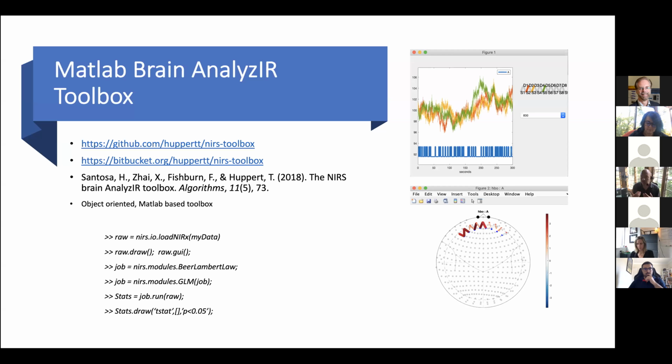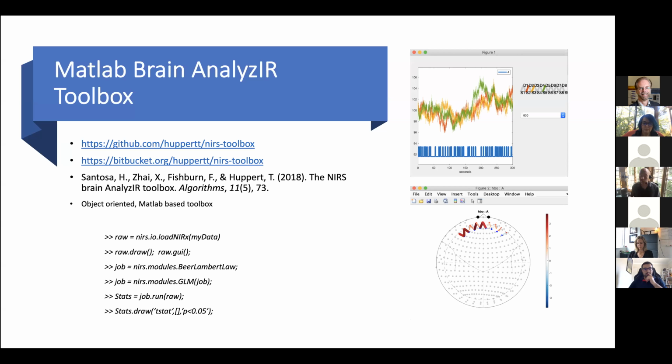And just a really brief overview, it's an object-oriented toolbox, which means that all objects like data classes and stuff like that are treated with methods like, you could say, raw.draw, and what that does is that draws the data. And so everything becomes self-contained, that it knows how to draw itself, it knows how to do its own stats, and it becomes a really nice way of keeping the bookkeeping.